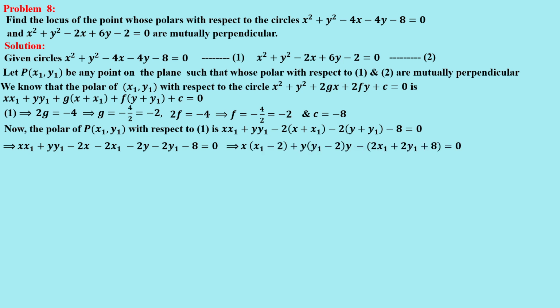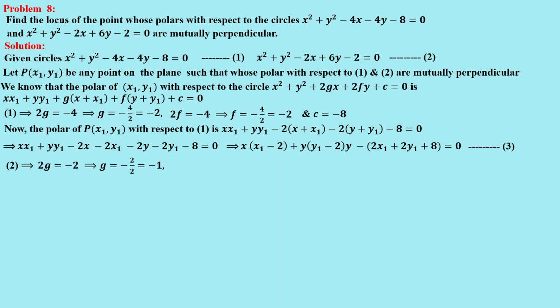So we are grouping x term, y term, then constant term. x into (x1 − 2), similarly y into (y1 − 2), then without x and y, −(2x1 + 2y1 + 8) = 0, that is equation number 3.